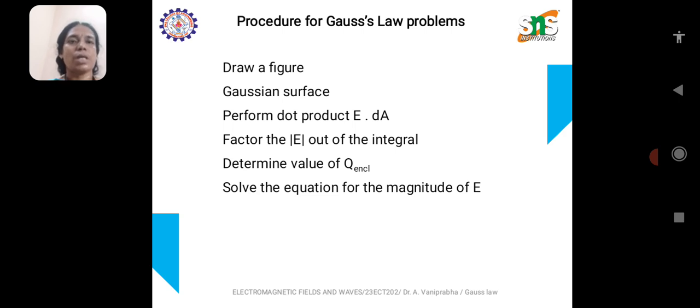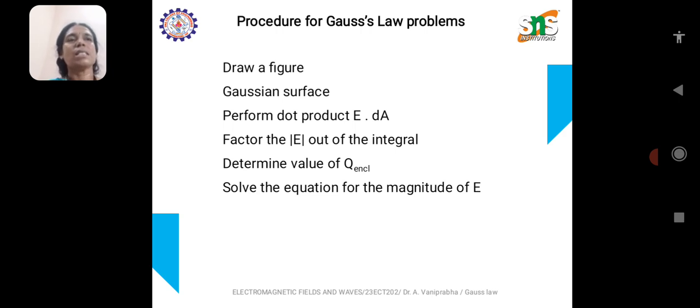For example, if the element is a single wire or a lengthy conductor, then the Gaussian surface which perfectly suits that will be a cylinder.